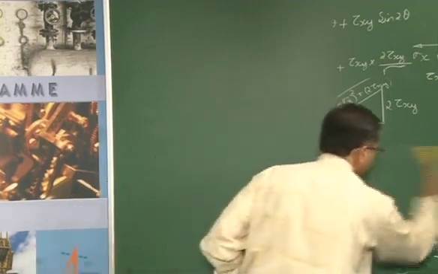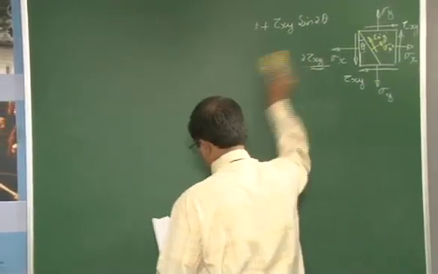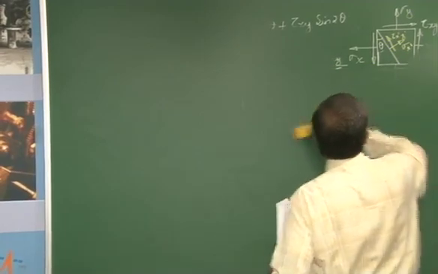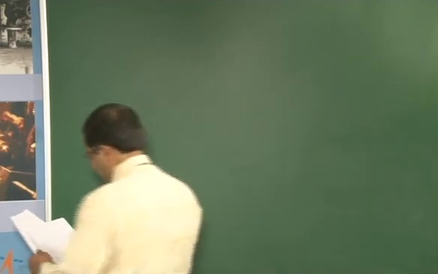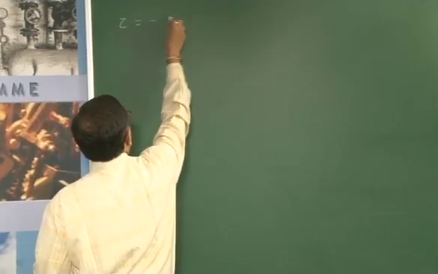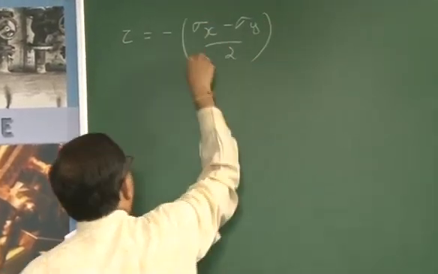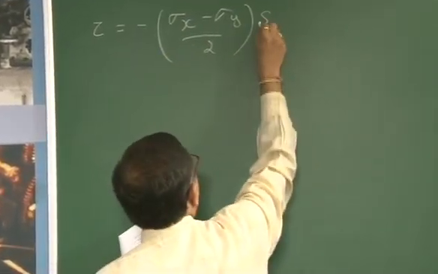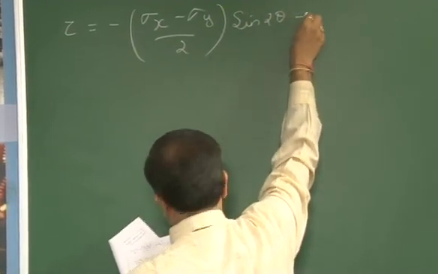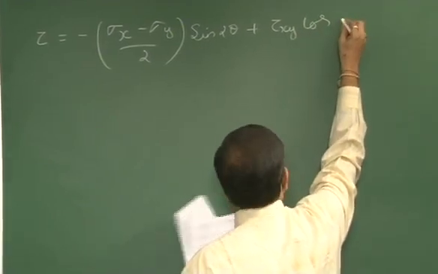So to get the maximum shearing stress, we would once again use the equation which we have got earlier for the general two-dimensional plane stress element. Okay. So again we will take the same expression for tau, which we have derived earlier, where we have this, minus (sigma x minus sigma y) by 2, this equation we have derived in the last class, sin 2 theta plus tau xy cos 2 theta.